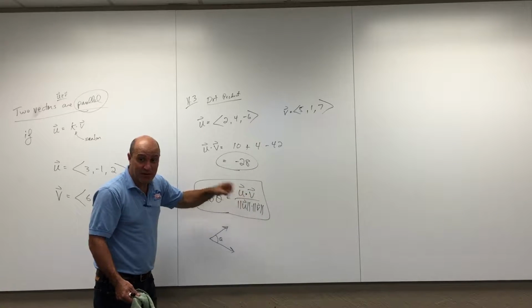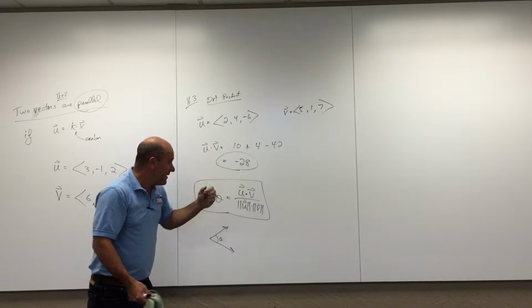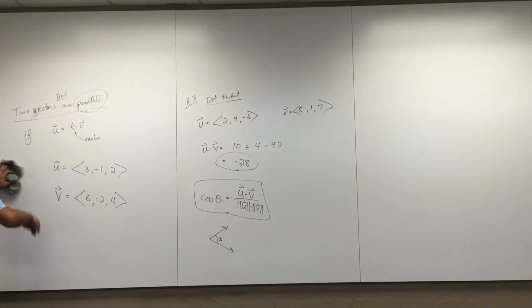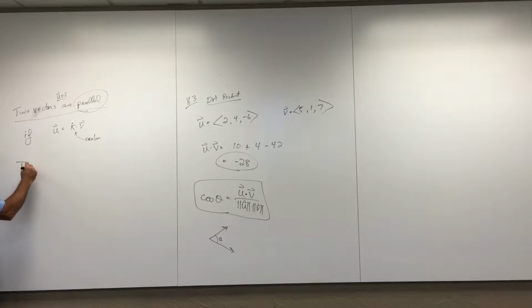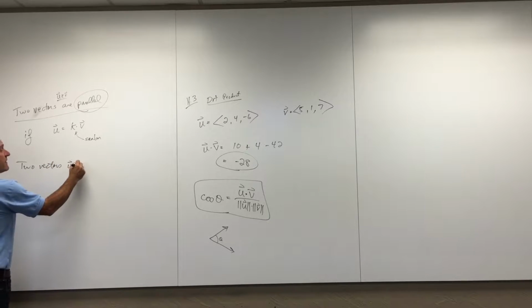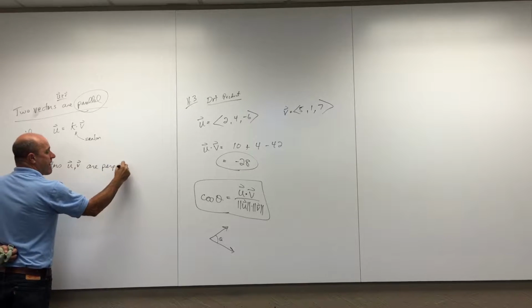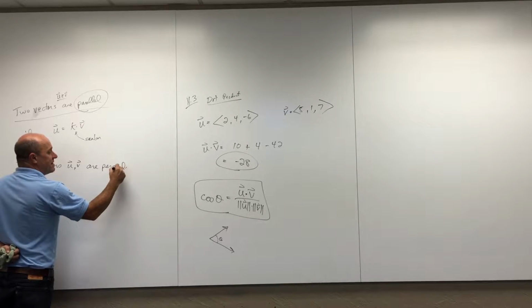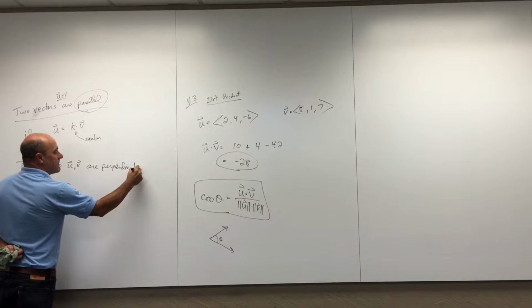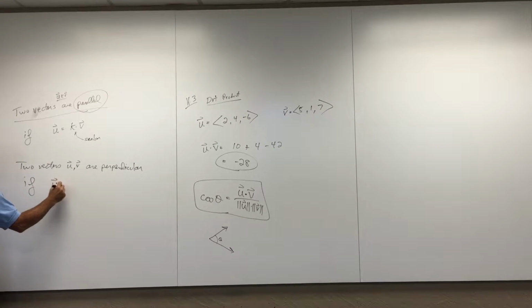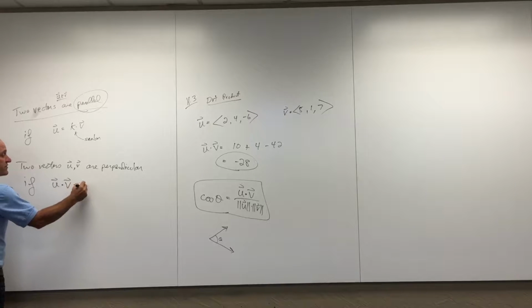So we just stumbled into this cool idea that two vectors are parallel if they're scalar multiples of each other, but two vectors u and v are perpendicular if u dot v equals 0.